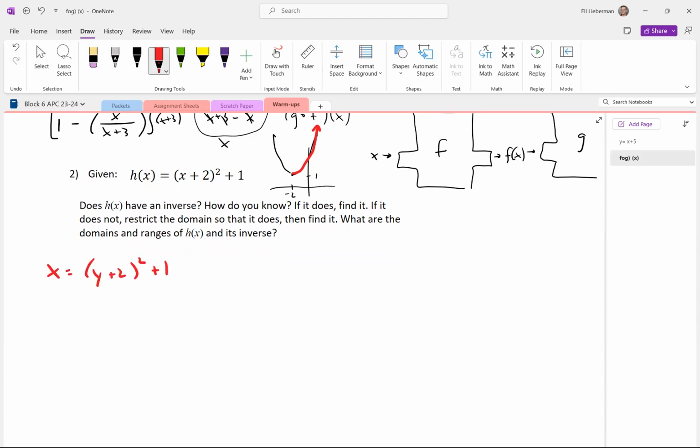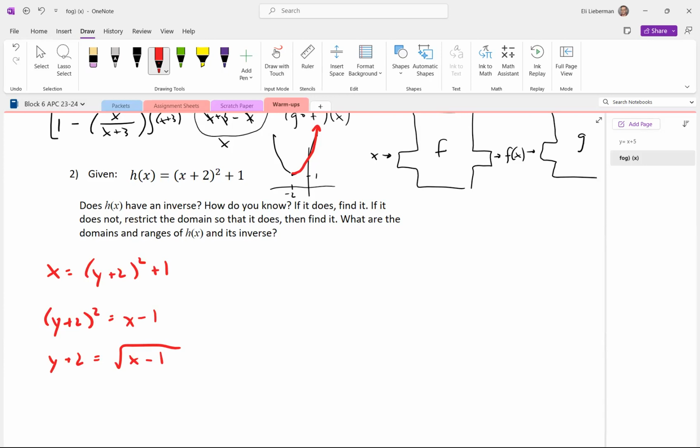Okay, from there, we know that x minus 1 is the square root, so y plus 2 is equal to, should I say plus or minus? This is where we have to choose. I'm going to choose positive, otherwise it's not a function.